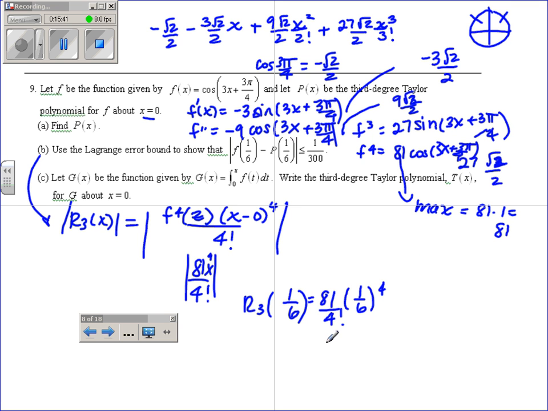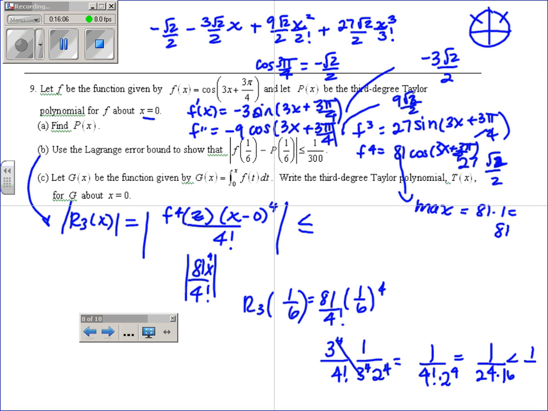And so 81 is 3 to the 4th, and this is 3 to the 4th and 2 to the 4th. And so you can see those cancel, and so we have 1 over 4 factorial times 2 to the 4th, and this is equal to 1 over 24 times 16, which is less than 1 over 300.